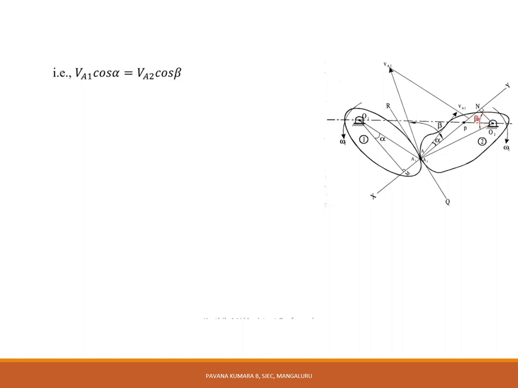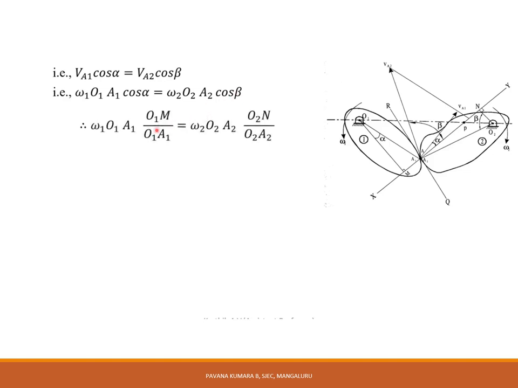So VA1, the linear velocity of body 1, we can also write as omega 1 into O1A1, so omega 1 into O1A1 into cos alpha is equal to, similarly, VA2, which we can write as omega 2 into O2A2 into cos beta of body 2. Next, cos alpha is adjacent divided by hypotenuse.